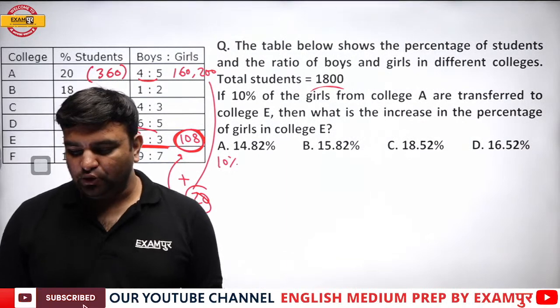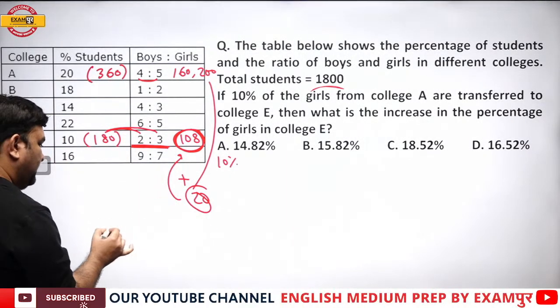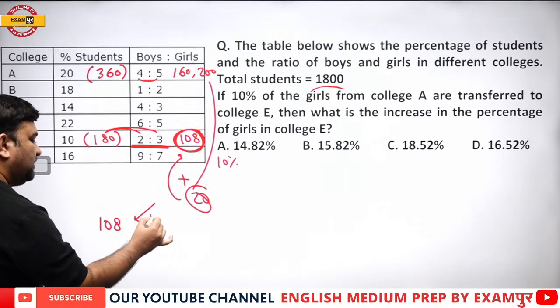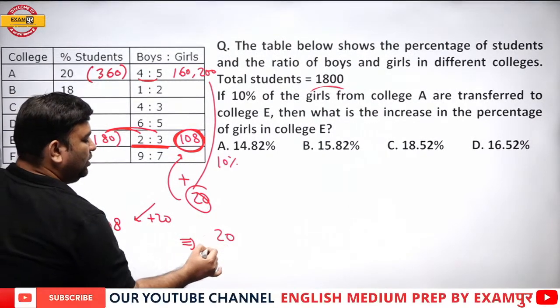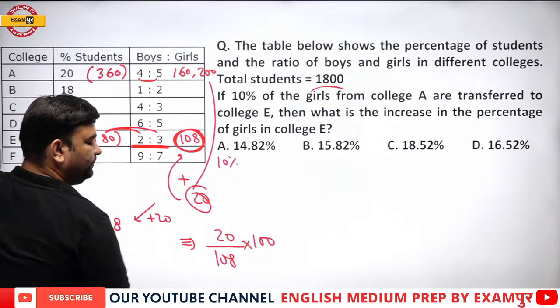Listen very carefully. Initially they are 108 and you are transferring 20 extra. What is the increment? The increment is 20 over the original value.